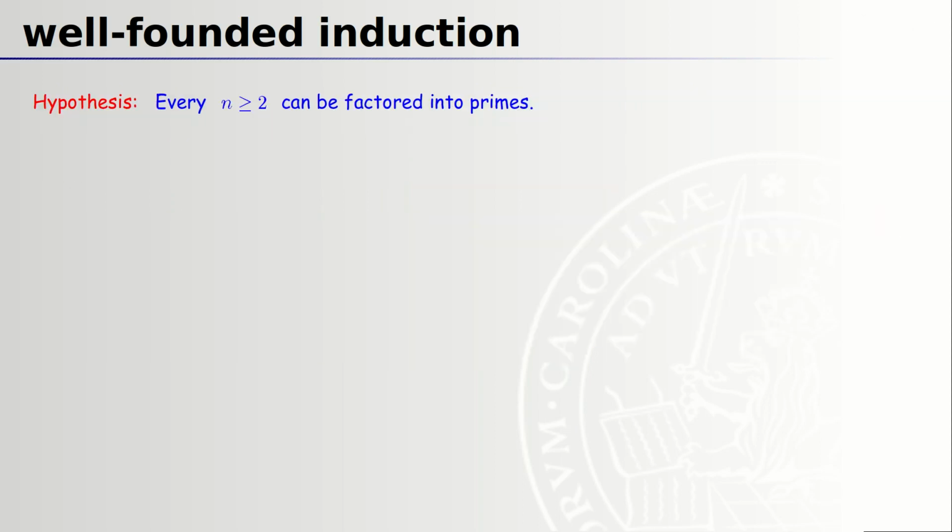To illustrate this, let us look at the hypothesis that every integer greater than or equal to 2 can be factored into primes. This is a proof on integers, so it might be tempting to try to use simple or cumulative induction here. Let's try well-founded induction instead, and use a strict version of divides as our order that establishes the well-founding.